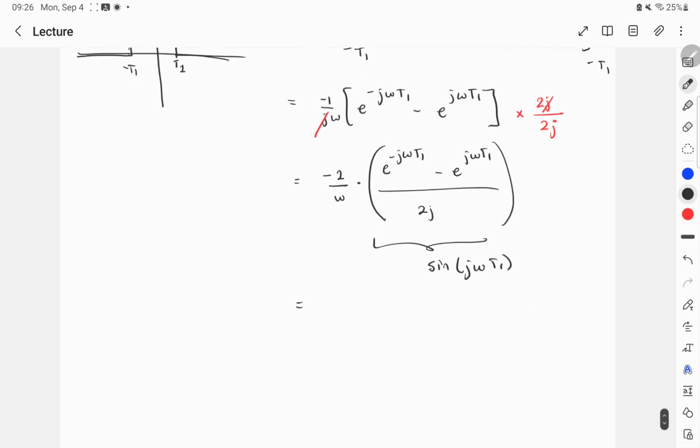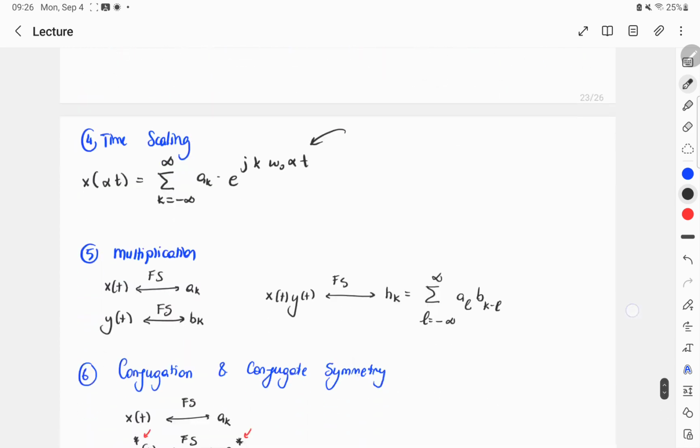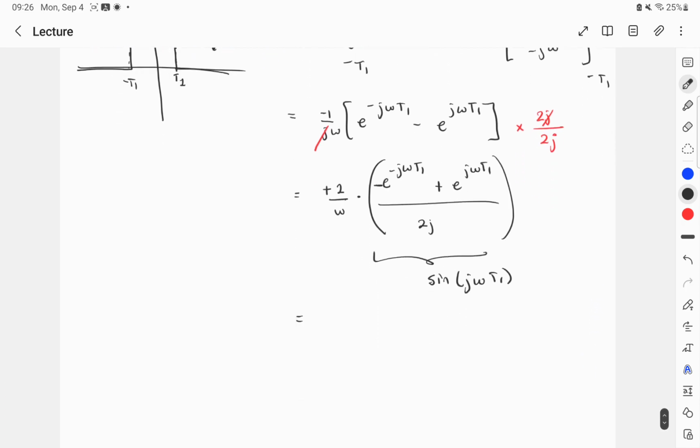So we will basically put this negative inside the parentheses, so we will write it here, sorry. Eventually we will have 2 sine wT1 over w. And here is the end of this question.